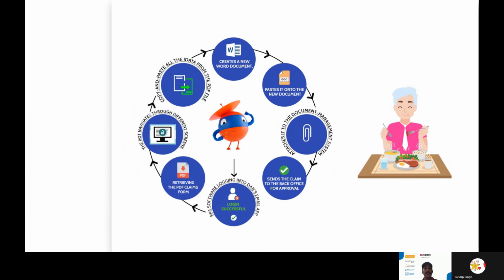So when this process is automated, as you can see here up on the screen, we have got the RPA software that is capable of getting to Dan's inbox.